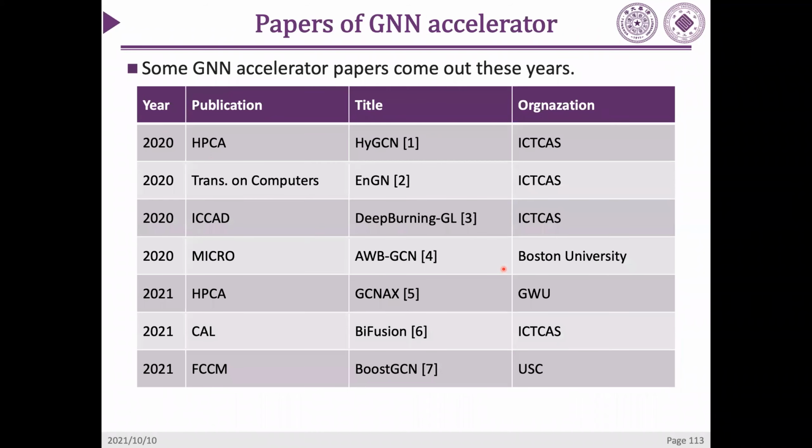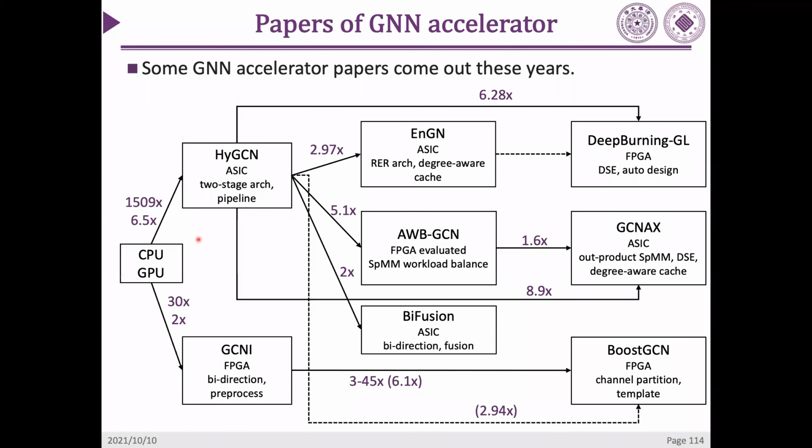In the past 2 years, many papers about GNN accelerators have appeared in top conferences and journals in the fields of architecture, EDA, and programmable logic. You can see FCCM, HPCA, and also ICCAD. We are trying to show the relationship of these articles in this figure, and the purple numbers show the speedup of different studies.